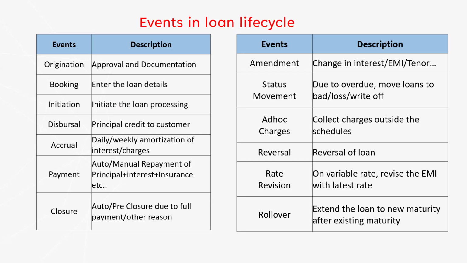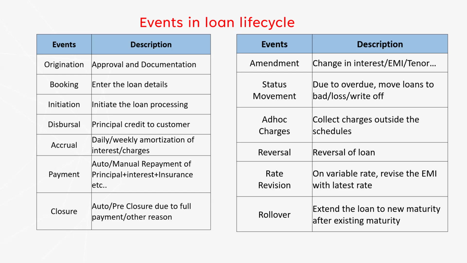So based on the number of days overdue in the principal amount, if he at least makes the interest payment, then okay, because banks will have a status of whether the interest itself is not paid or the principal is not paid. If the interest is at least paid, then they may consider it as current.